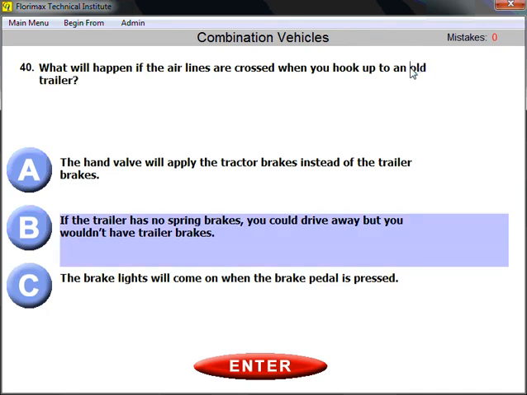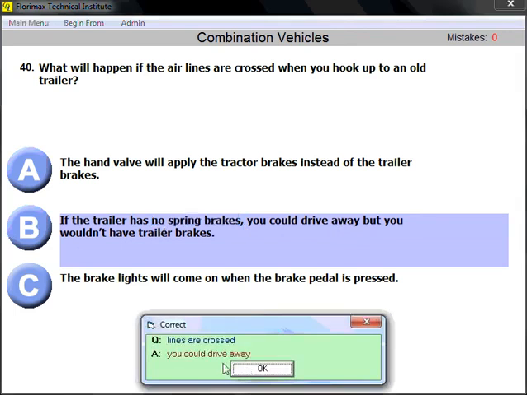So when you read old trailer, you need to remember, they often do not have spring brakes. In this case, you could drive away, but you wouldn't have trailer brakes. Yes, you could drive away.